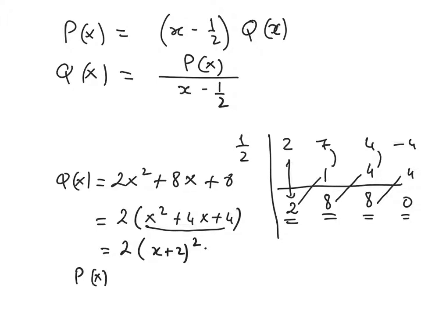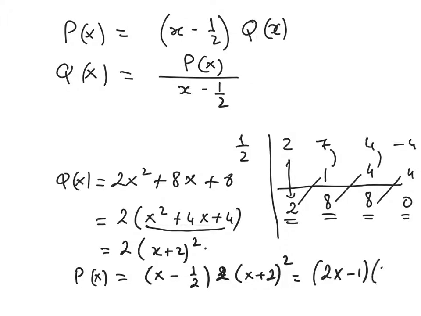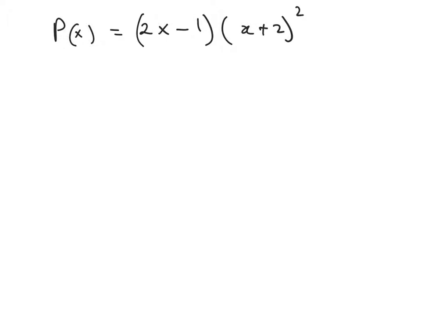Our polynomial can be written as x minus 1/2 multiplied by q of x, which is 2 times x plus 2 squared, which can also be written as 2x minus 1 multiplied by x plus 2 squared. So our polynomial again, p of x equals 2x minus 1 multiplied by x plus 2 to the power 2.